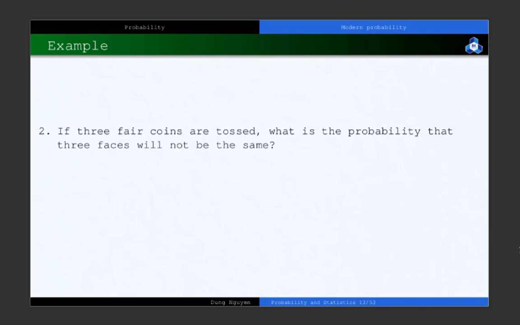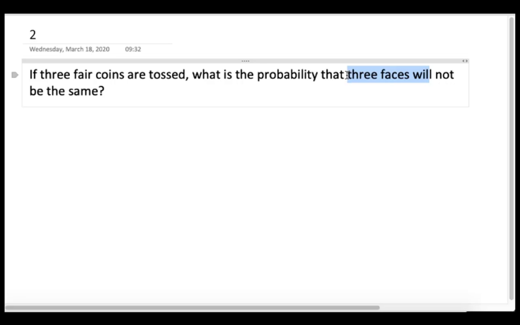Let's consider the following example. If 3 fair coins are tossed, what is the probability that 3 faces will not be the same? This will be the event that you want to look at.